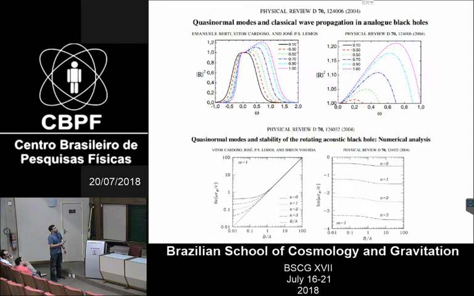But you can also see here that if you go to very high frequencies, even when the modes are co-rotating, the reflection coefficient goes below 1 again. So you really need to be co-rotating with the scatterer, but your frequency cannot be as large as you want. It has to be sufficiently small. And here is the same plot, but focused around the superradiant part where you have amplification. So this is all amplified.